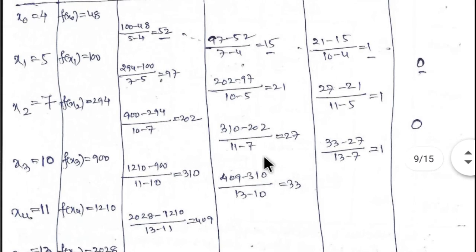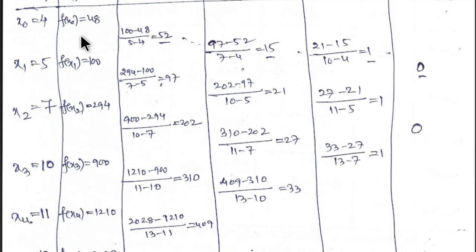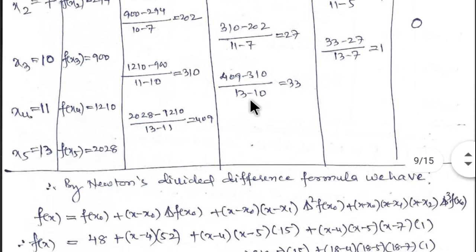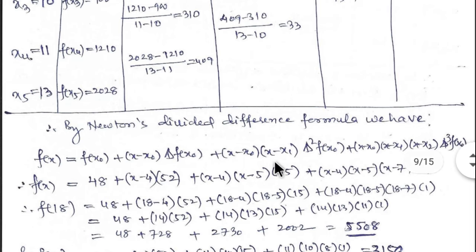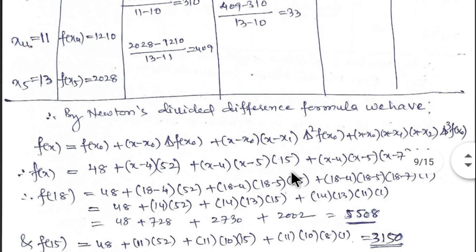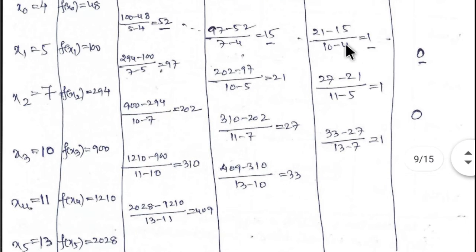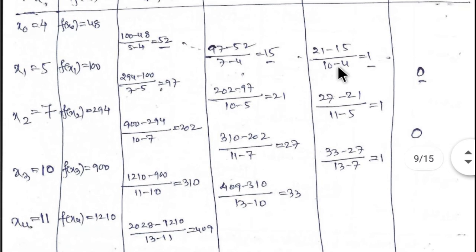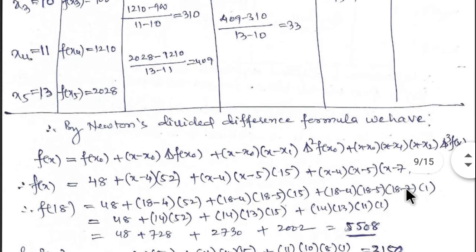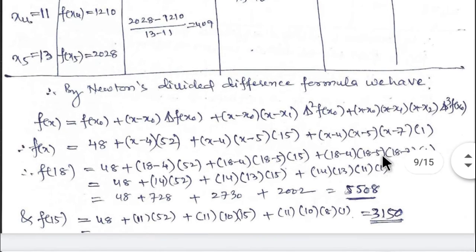Okay, delta square of f of x0, this is 15, plus (x minus x0), x0 is 4, x1 is 5, x2 is 7. So delta cube of f of x0 is 1, this is 1.